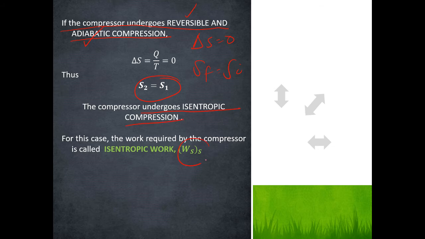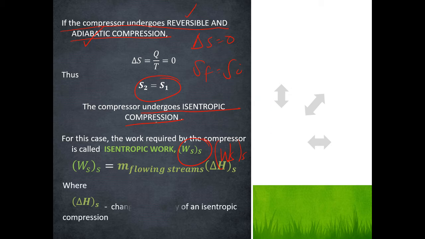And we have an isentropic work, meron siyang sub S. Therefore, if isentropic work mo ay work shaft S, yung corresponding ano niya, delta H is the isentropic change in enthalpy.